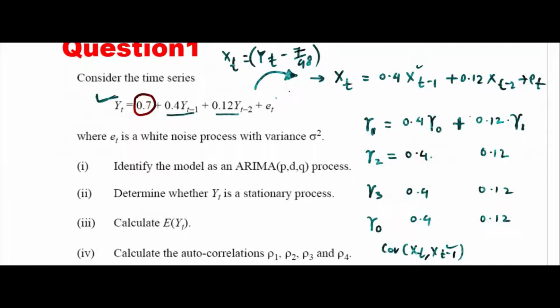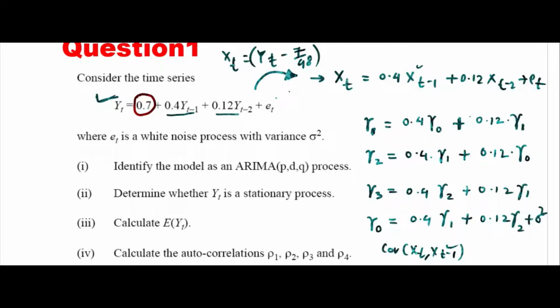When you write 2 here, you will get 1, then 0, and when you write 3, the next ones are 2, then 1. If you write 0 here, you will get minus 1, that is 1, minus 2, that is 2, and an extra sigma square you need to write, remember.